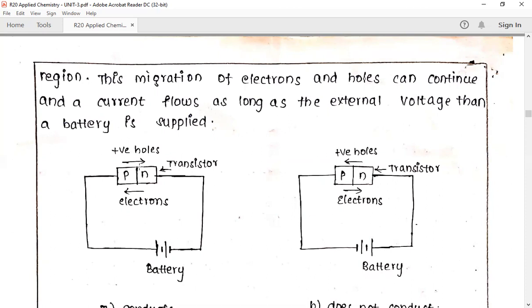That means this area is depleted of charge carriers, and it is known as the depletion layer.